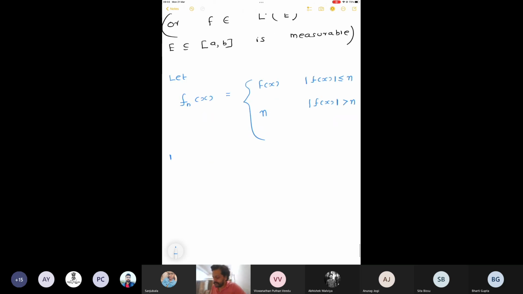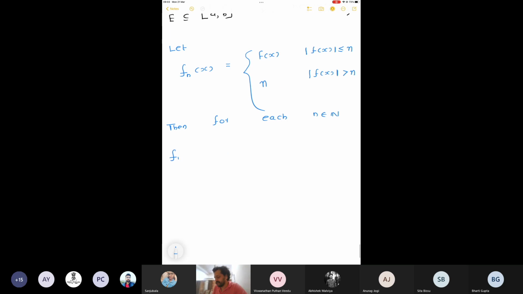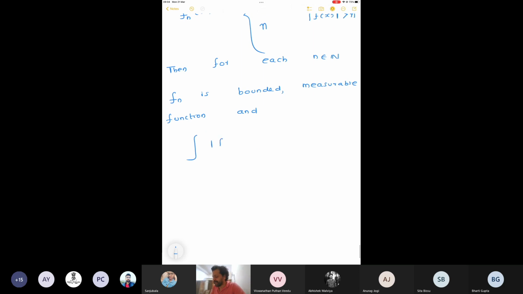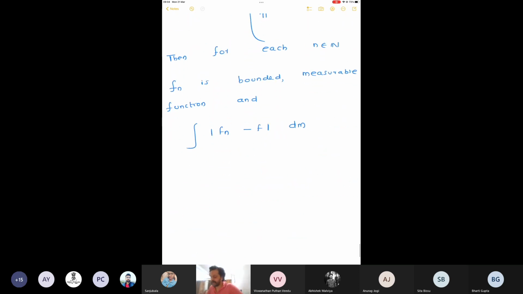Then for each n, fn is bounded, fn is measurable, and the integral over E, or [a,b], depending upon how you are taking it, of |fn - f| dm tends to 0 as n tends to infinity.